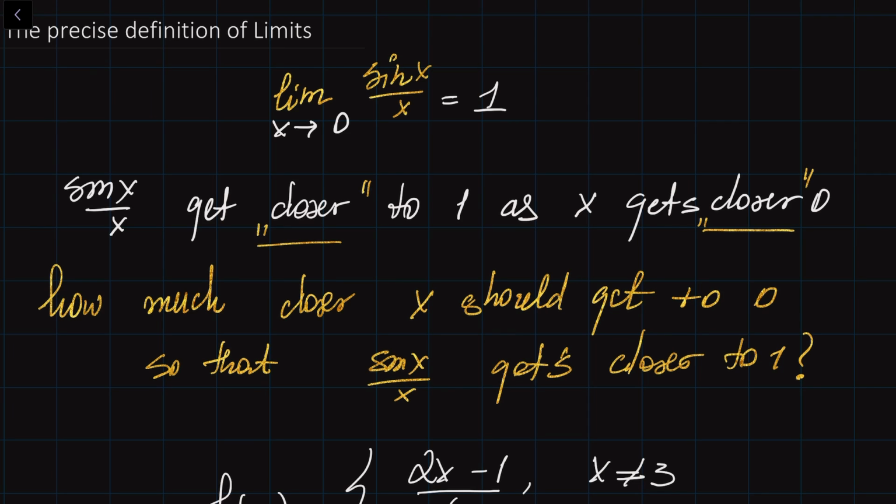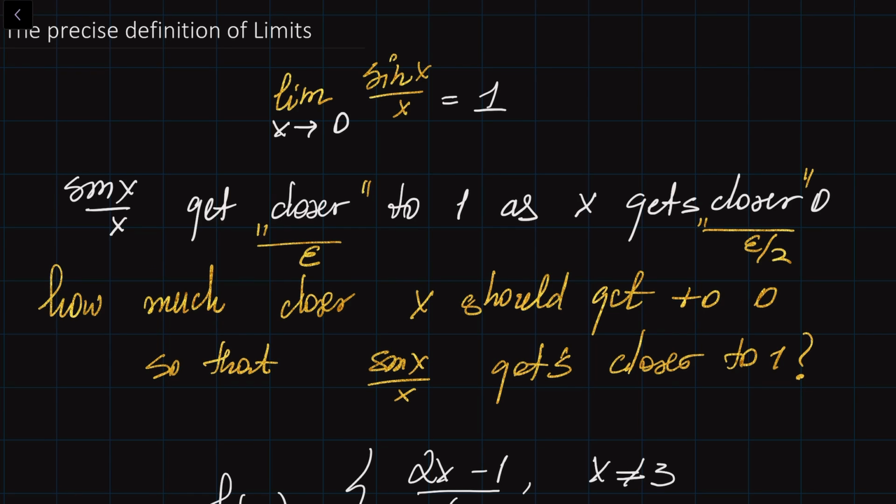So now we have figured out how close x should get to 0 so that sine of x over x comes closer to 1, right? If you know this epsilon, then this distance should be equal to epsilon over 2. So if I choose x close enough to 0, within a distance of epsilon over 2, then sine of x over x becomes very close to 1.